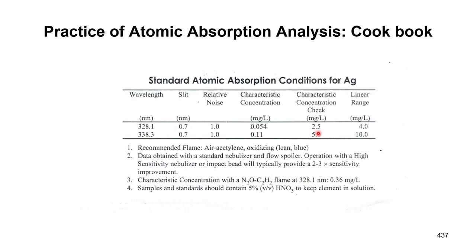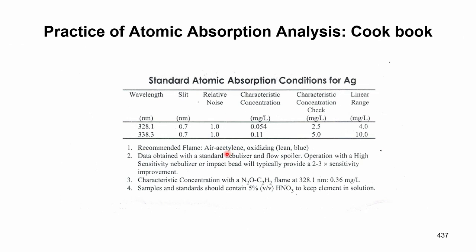So, for this line you should prepare 5 ppm of silver, and it should give you 5 into 0.1, approximately 0.5 absorbance, and the working range is approximately double this. So, this is how you should interpret the instrument conditions whenever you want to do an analysis.